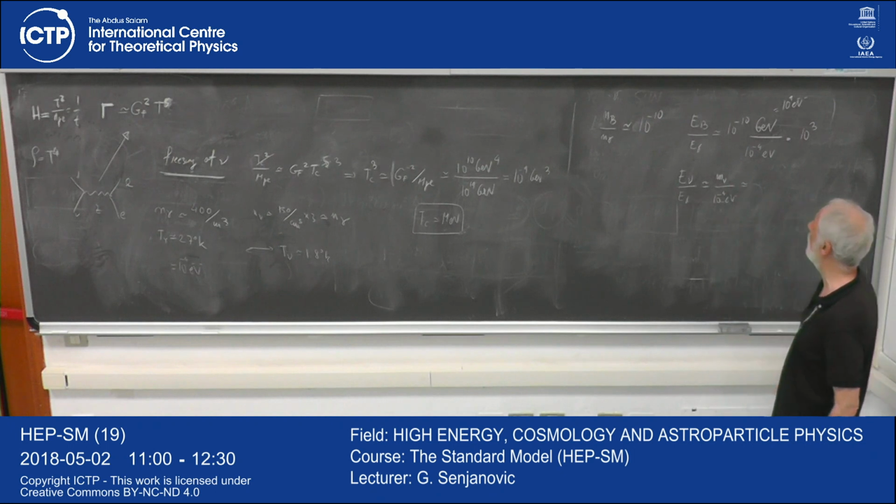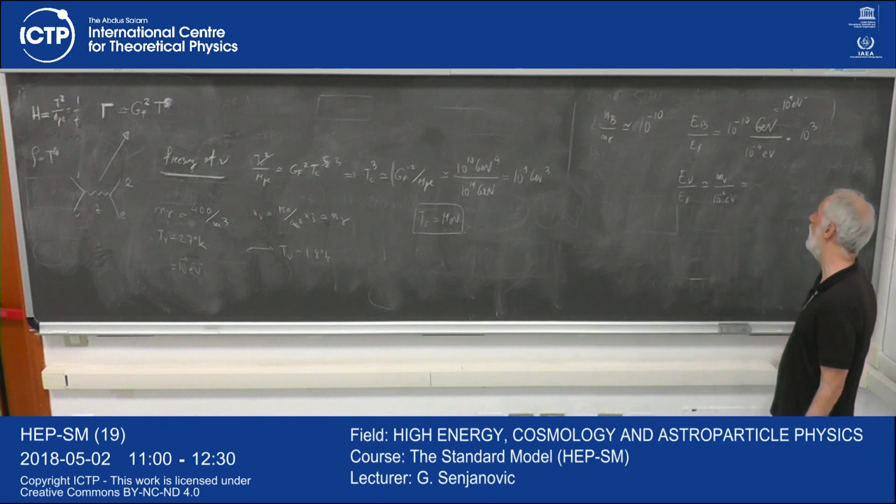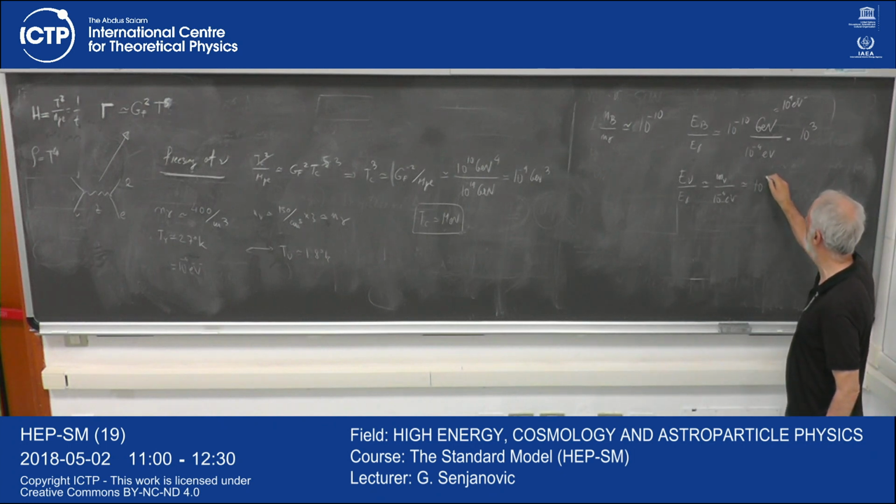So what do I get? What should I put for the neutrino mass? About 10 to the minus 1 is where we are, if there's neutrino mass. So I get about 10 to the 3.